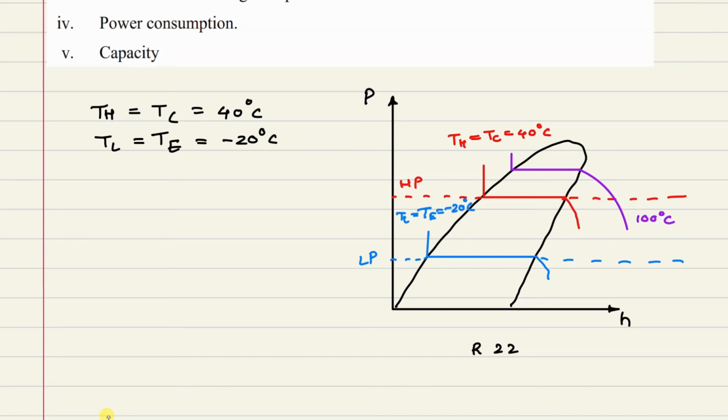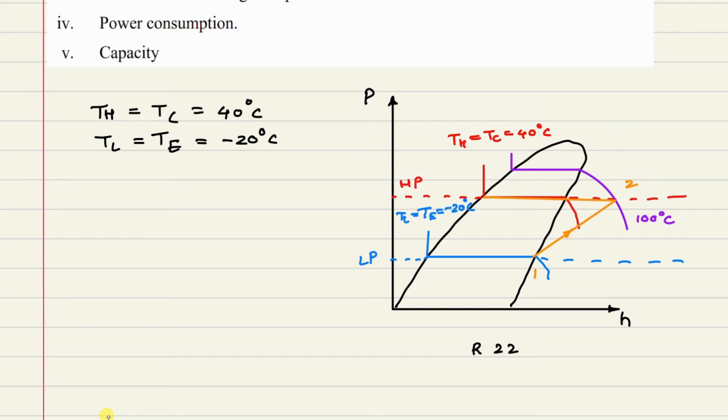So it might happen that the isentropic process is like this, but since the outlet temperature of the compressor is given, the process will be like this, it will be non-isentropic. So it will be a polytropic process. So I'll draw 1 to 2 like this. So this is point 1, this is point 2, and subcooling is not there.